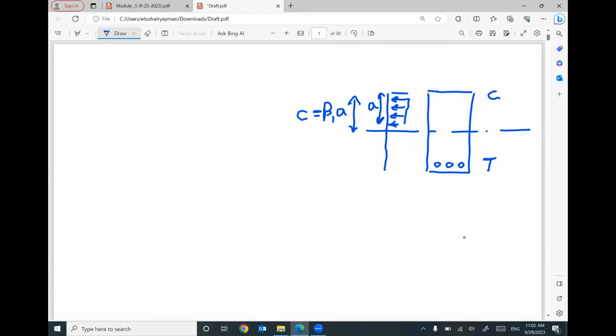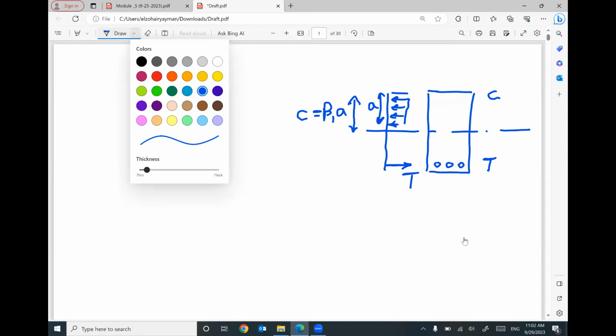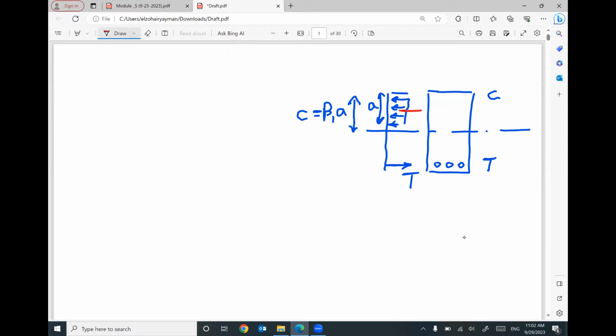And we have tension on the steel reinforcement, capital T, and we can convert the compressive stress to capital C. So capital C equals 0.85 f prime c a b, and capital T equals area of steel times f yield.